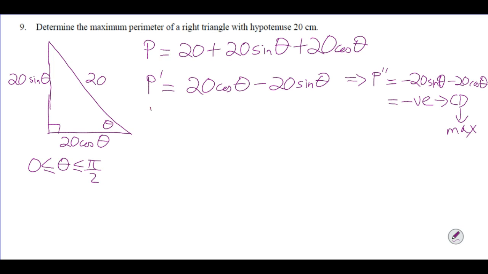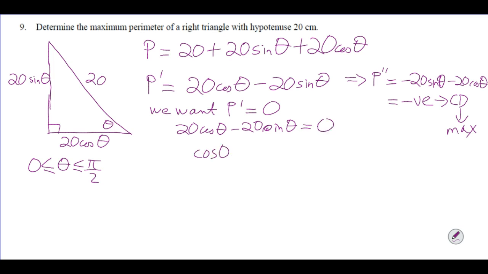All right, what do we want? We want P prime equal to 0. Find the critical numbers. So that gives us 20 cos theta minus 20 sine theta equals 0. Divide by 20. So that says cos theta has to be equal to sine theta.